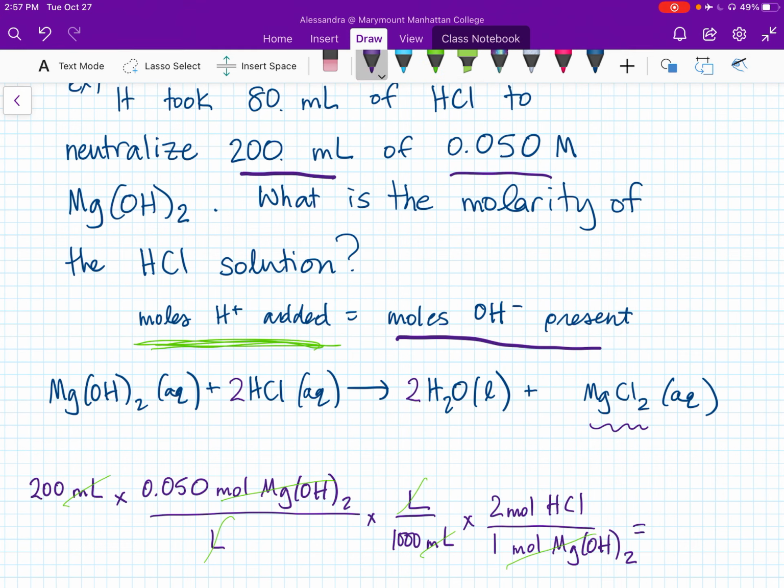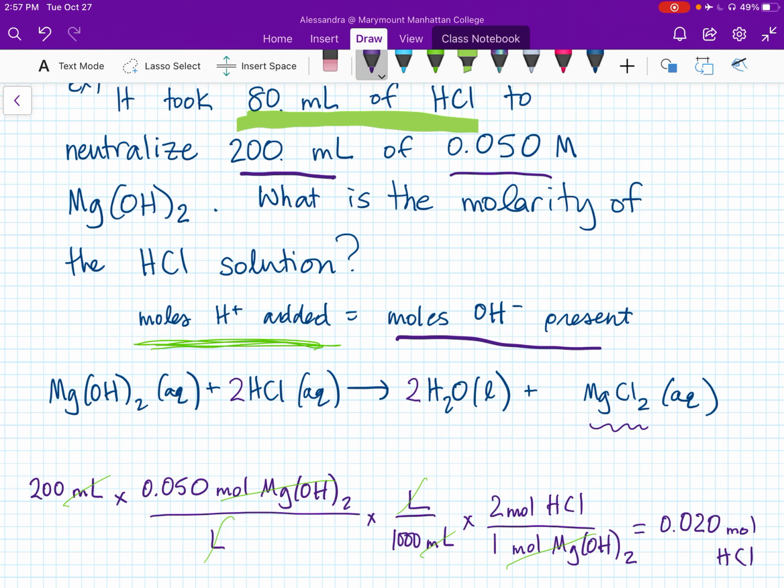So that is key. So you can put that into your calculator: 200 times 0.05 times 2 divided by 1,000 gives 0.020 moles of HCl. And now I know that that's how many moles are in the 80 milliliters.